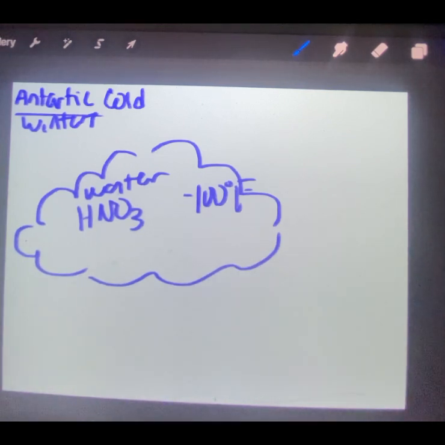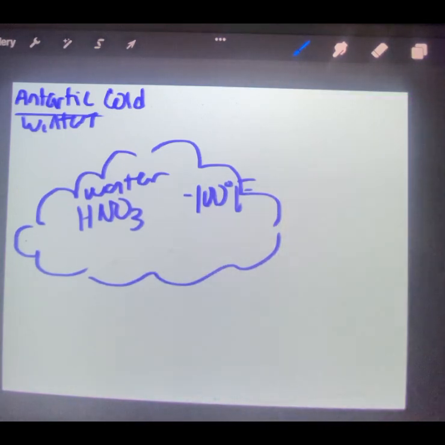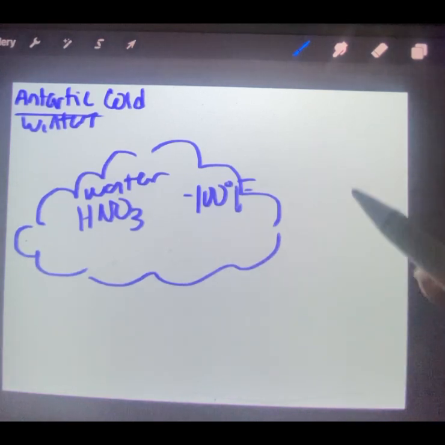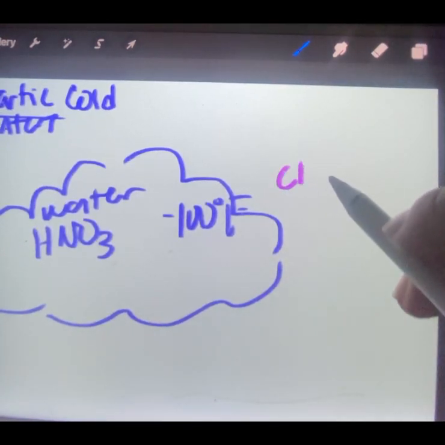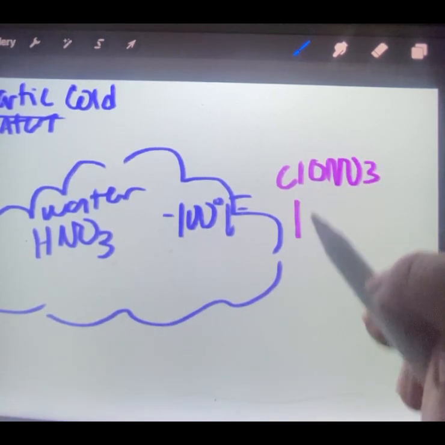Then, this is combined with PSCs such as nitrates, chlorine nitrate, which is ClONO3, and hydrochloric acid, which is HCl.